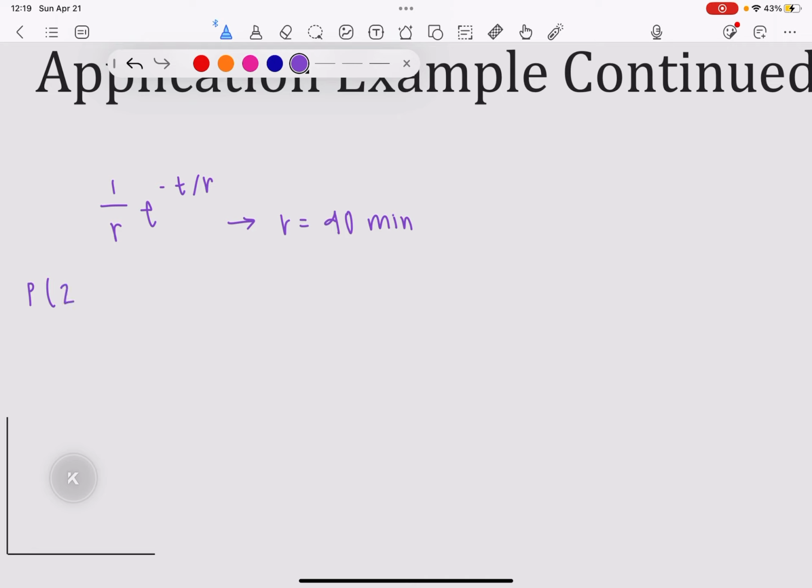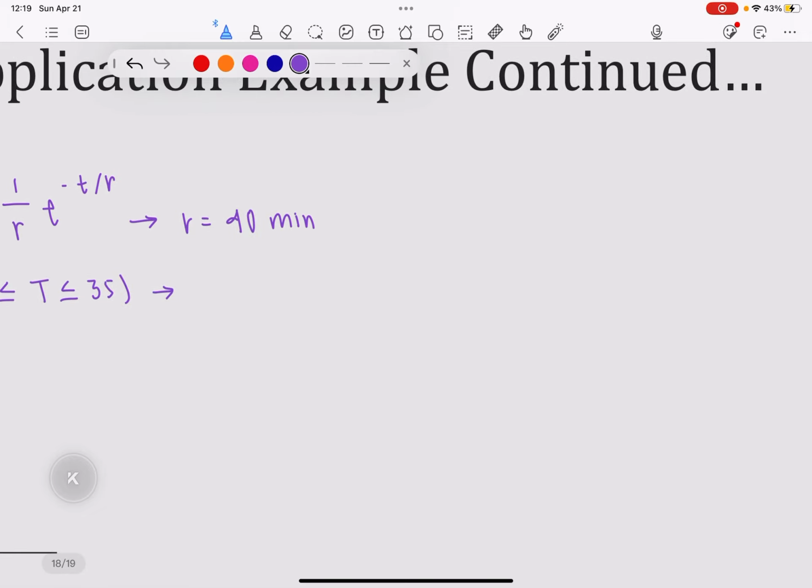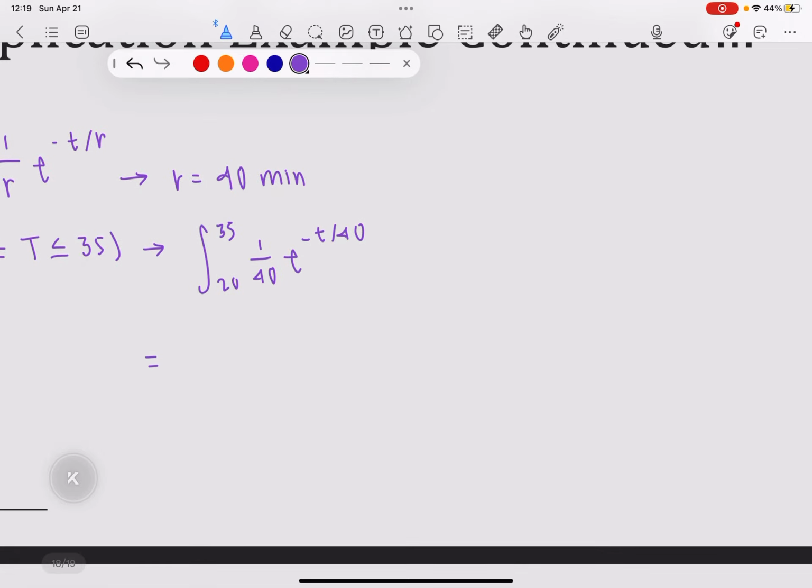So we know that the probability, 20, okay? Then we're going to apply that to an integral, 35, 20, and then we're going to plug in that formula that we've been using. And what's nice about this is that it's just going to be the same every time. So if you know your antiderivative of this guy, it's just going to stay the same with little r being different each time.